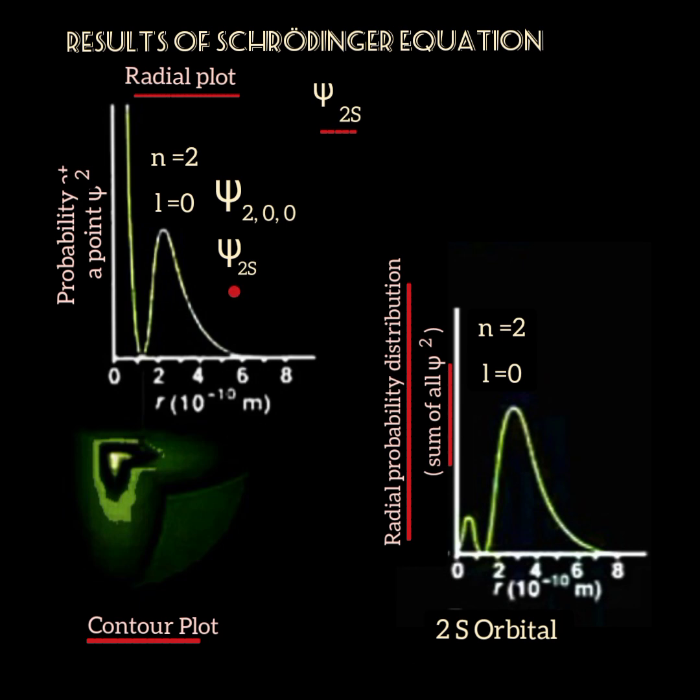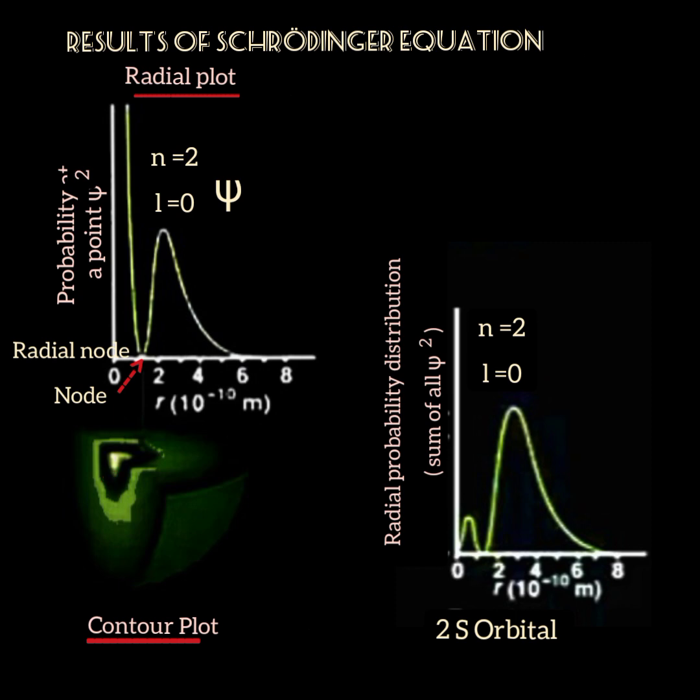This is the 2s orbital. Here the radial probability falls off and goes to 0 right here. Then it climbs up again and the probability falls down further and further away from the nucleus. The point where it goes absolutely to 0 is a node, also called a radial node. At that distance from the nucleus, the probability of finding the electron is 0.